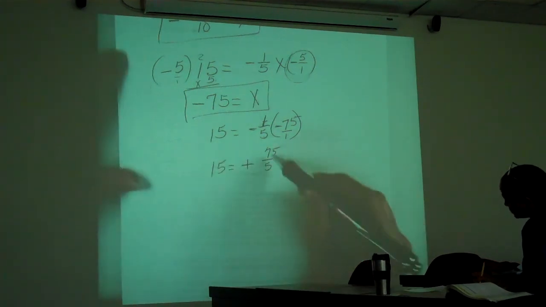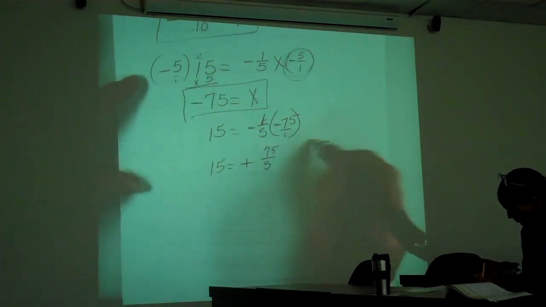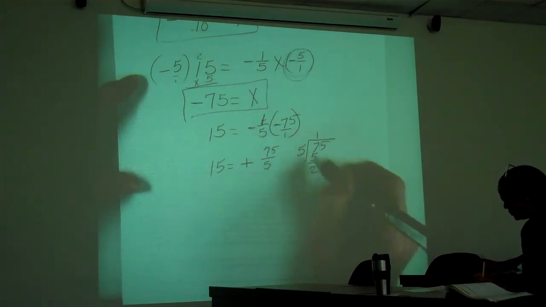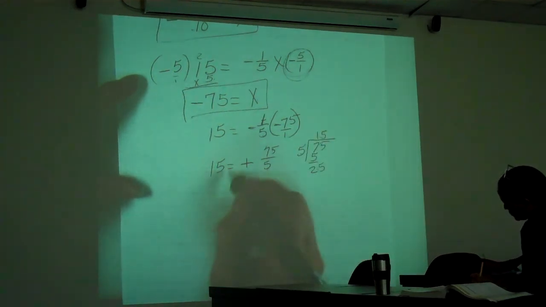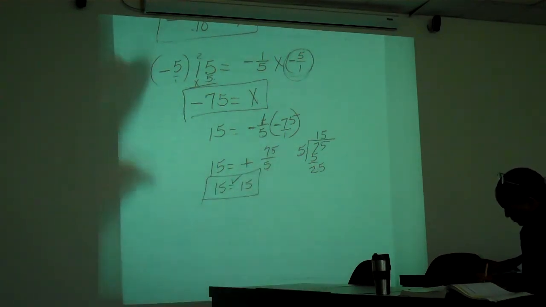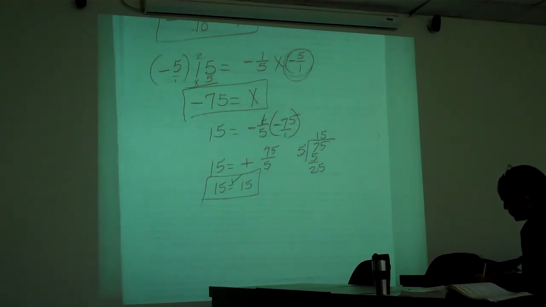Is that equal to 15? 75 divided by 5 goes 1 time and then 5 times, so that's right. You don't have to check every one of them, but if you do check every one, then you already know you're going to have 100%. The good thing about this homework is you can get 100% just by checking all your answers.